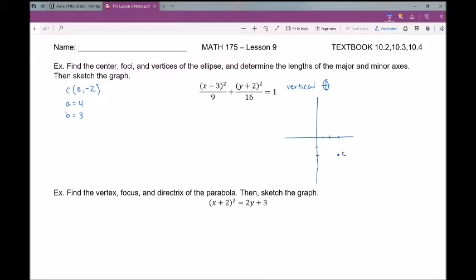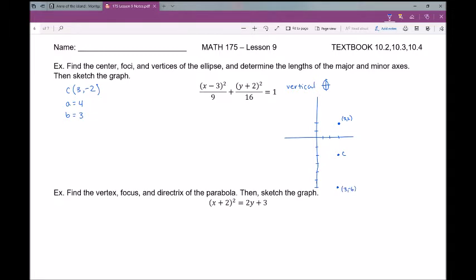And from that center, I'm going to go up 4 units and down 4 units to get my major axis. So we go up 4 units and down 4 units. All right, so this is the point (3, 2), and this is the point (3, -6). So that's my major axis.